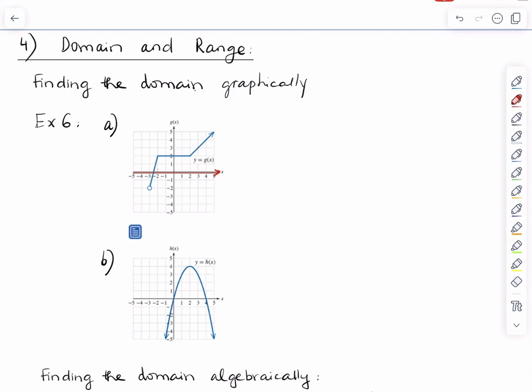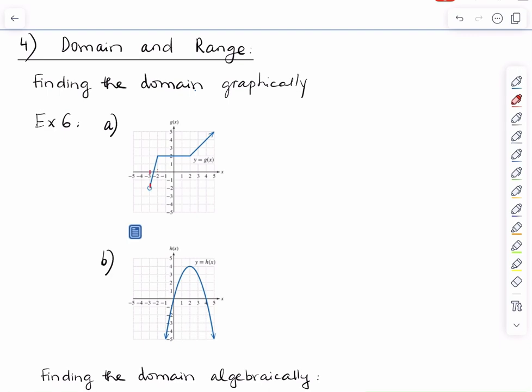So what section of the horizontal axis, or the x-axis, did this graph take? Basically, you're just looking at where the graph goes from left to right. Going from left to right, it looks like it goes from the value -3.